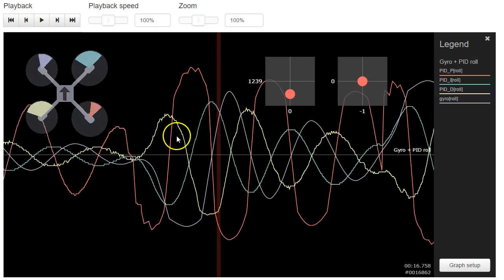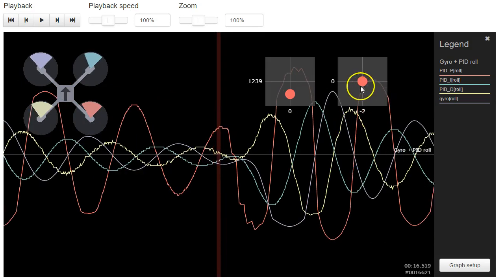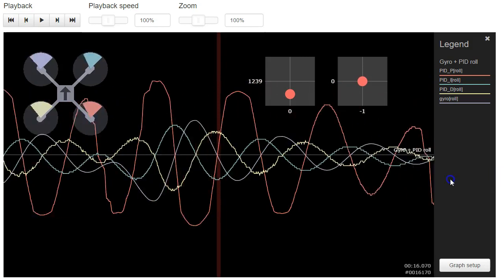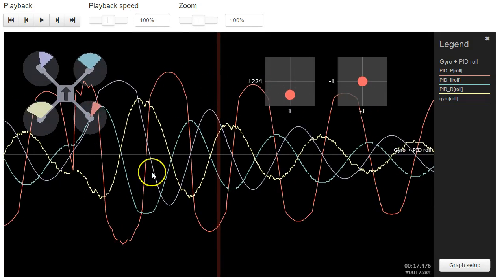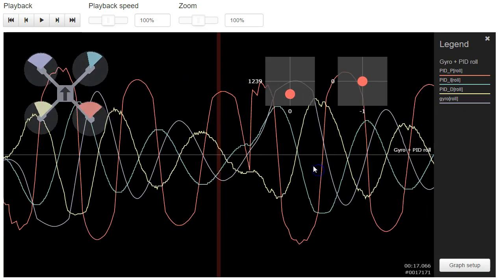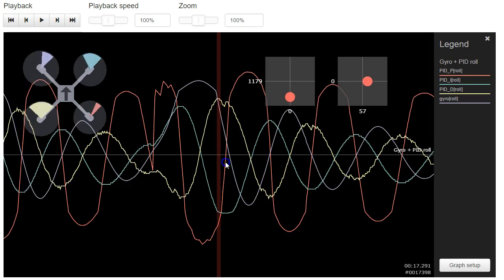Oh, look, see? I'm not even sure what's happening here because you're not really doing anything with the sticks. I guess you gave it a little blip there, and that just set it off. Also, your I gain on roll feels like it is too high. That's very hard to judge because you didn't give a CLI dump, so I don't know what your gains actually are.